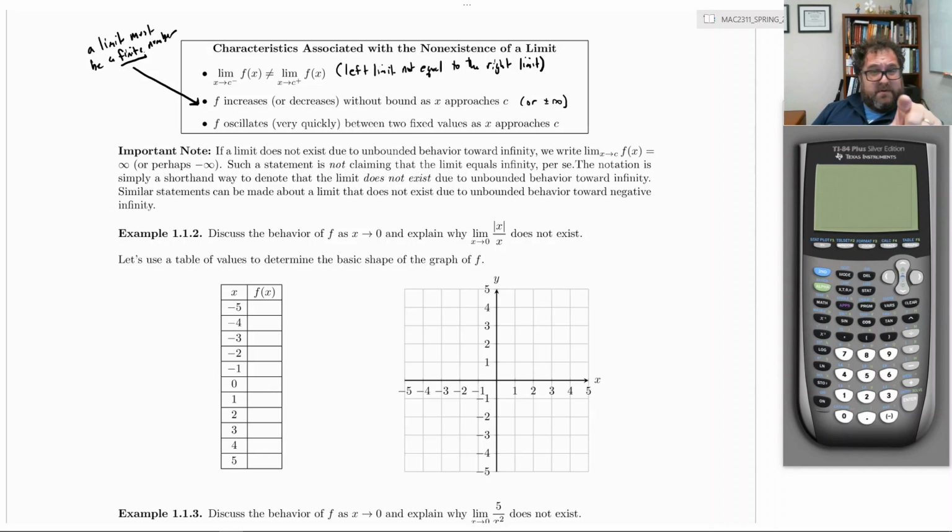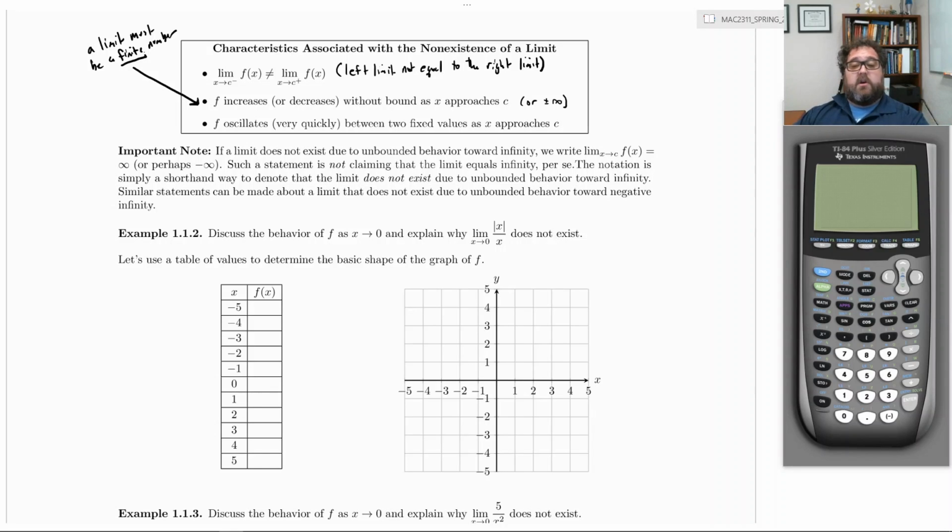It's almost always the first two bullet items that we're going to see in our examples in this class, but we should be aware at least of the third bullet point, because that will happen on occasion with certain trig functions.